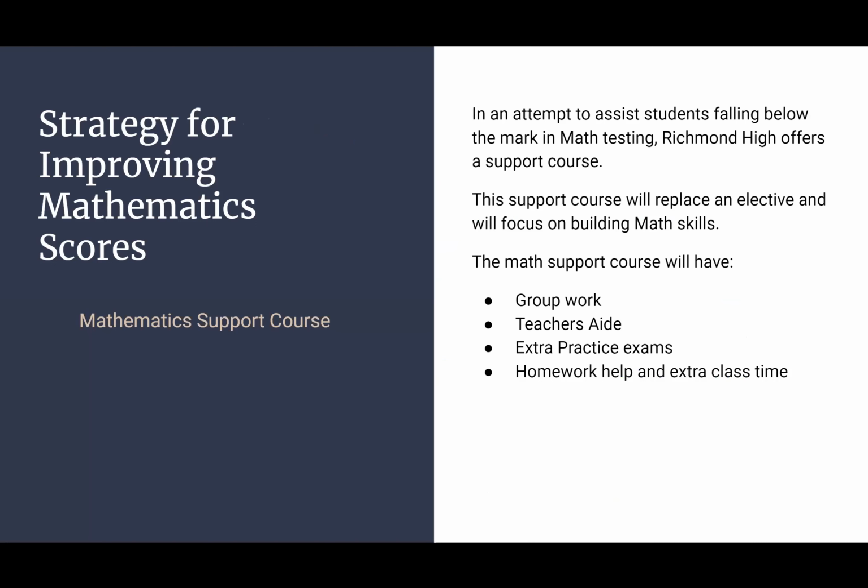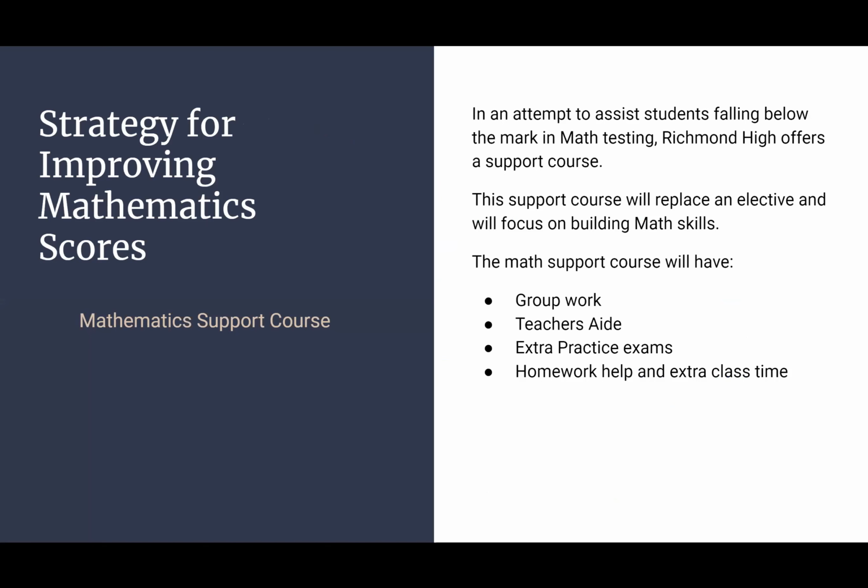So hi, everyone. My name is Mrs. Salmon, and I'm going to talk about some of the strategies we have for improving those scores, and particularly mathematics scores. So in talking about how we can support our students, we came up with a mathematics support course. Students that are falling below the mark in the math testing, Richmond High will offer a math support course.